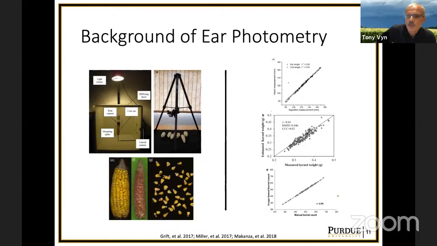So I was wondering, in these stronger relationships, whether that was because it was primarily a hybrid study with relatively high kernel weights, whereas when you got into the inbred studies, you were maybe dealing with an overall lower range or more variability because it was a composite of 582 inbreds.